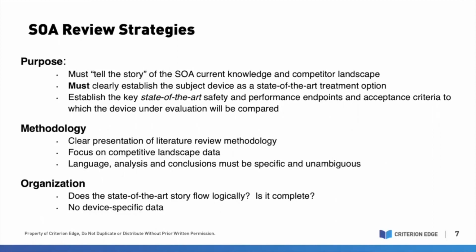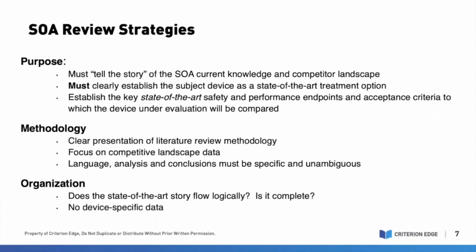The methodology of the state-of-the-art literature review should be clearly presented and focus only on the current knowledge and competitive landscape data. Be sure that analysis and conclusion statements are specific and unambiguous.